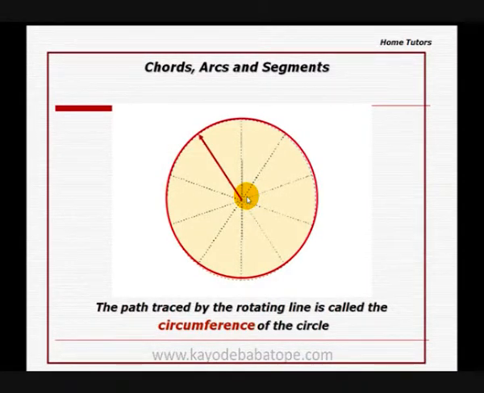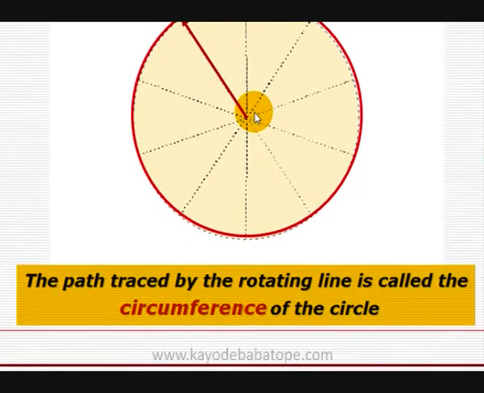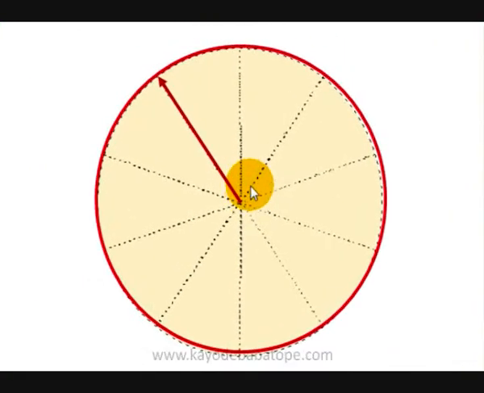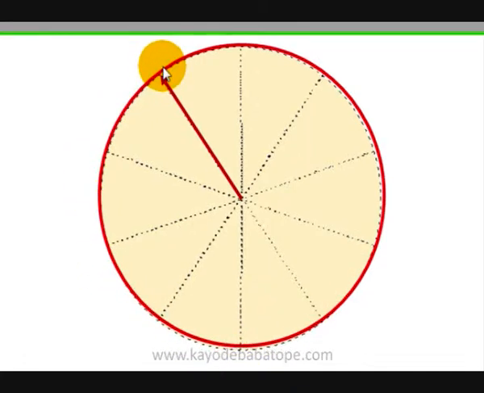Now, what is circumference? The circumference of a circle is the path that is traced by the rotating line. We saw the red line that was rotating earlier, and the path traced by this rotating line is what is called the circumference of the circle.